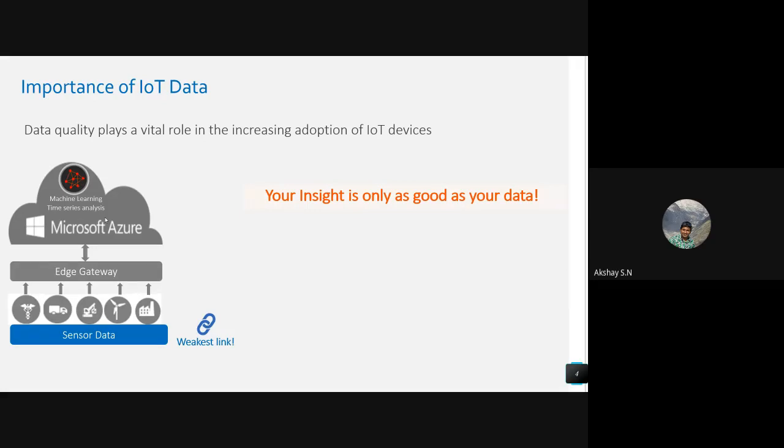And today, as many organizations and industries are trying to deploy IoT sensors, they are actively looking at how to determine whether the data sensed by the IoT device is accurate or not. In other words, how do you determine the quality of the sensor data coming from the field? That is the key question being asked by several people here.